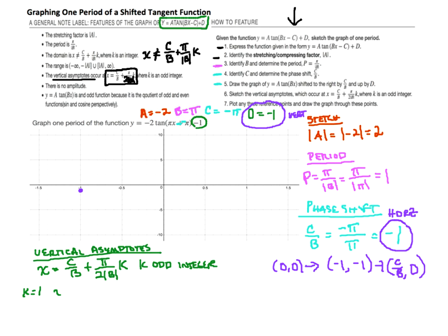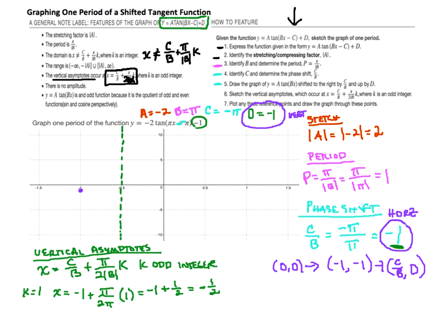I get x is equal to c over b, which I already know is -1 from over here, -1 plus pi over 2 times the absolute value of b. The absolute value of b is pi, so this is over 2 pi, times a k value of 1 this time because that is an odd integer. So I have -1 plus my pi's divide out, it's 1/2, and that leaves me at -1/2. So I have a vertical asymptote here at -1/2.